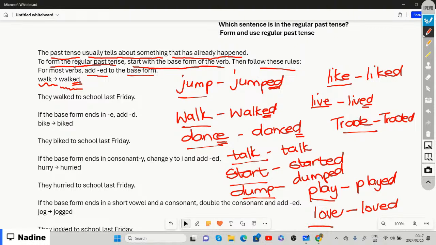But if our base word ends with an e, like for example like, live, love, or dance, then all we do is add a d. But mainly for our regular past tense, we add an ed to show the past tense form of our verb.